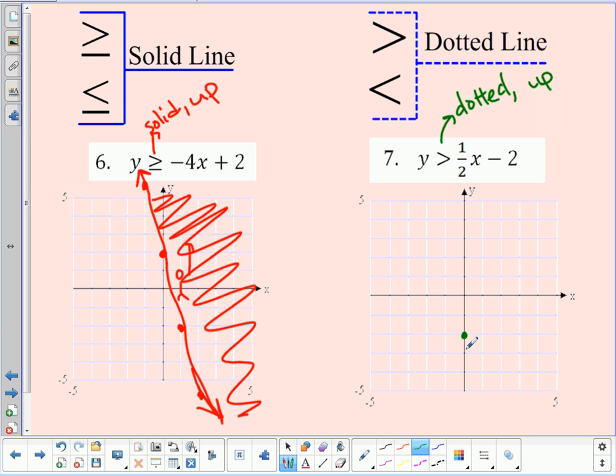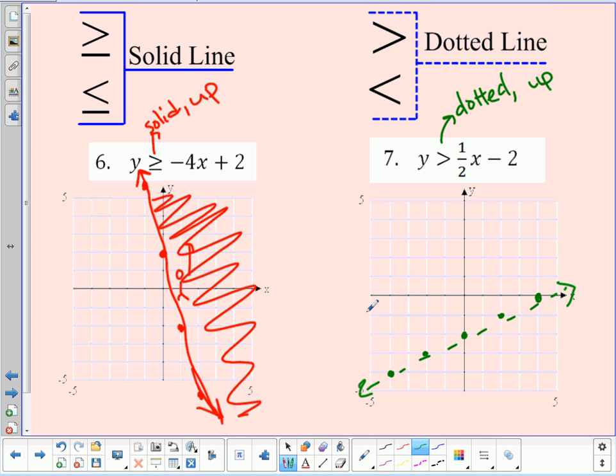Okay, so negative 2 for the y-intercept, positive 1/2 for the slope. So that means up 1 over 2, up 1 over 2, or down 1 and back 2, down 1 and back 2. Dotted line, looks like that. And shading above, this is just more like a hill instead of a mountain this time, but you're still climbing on the hill.